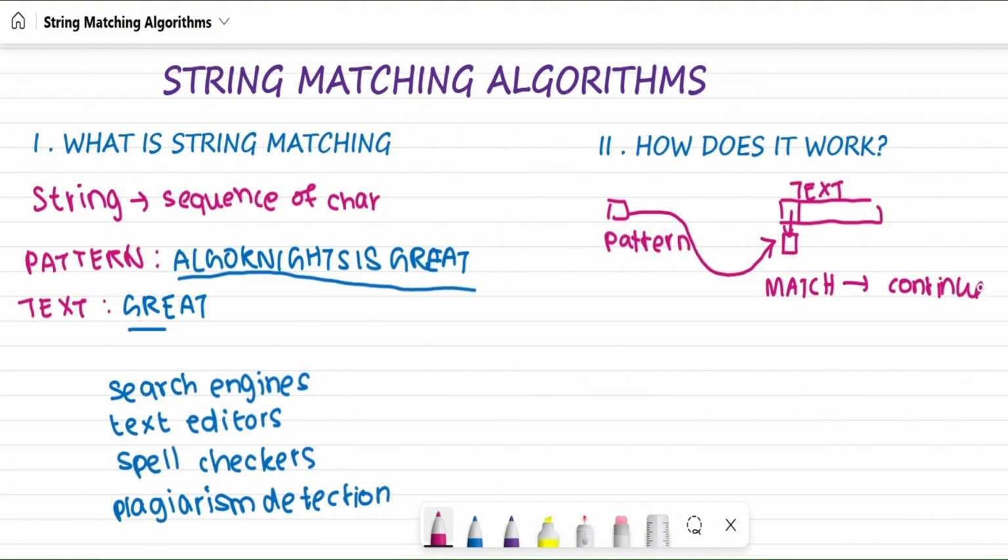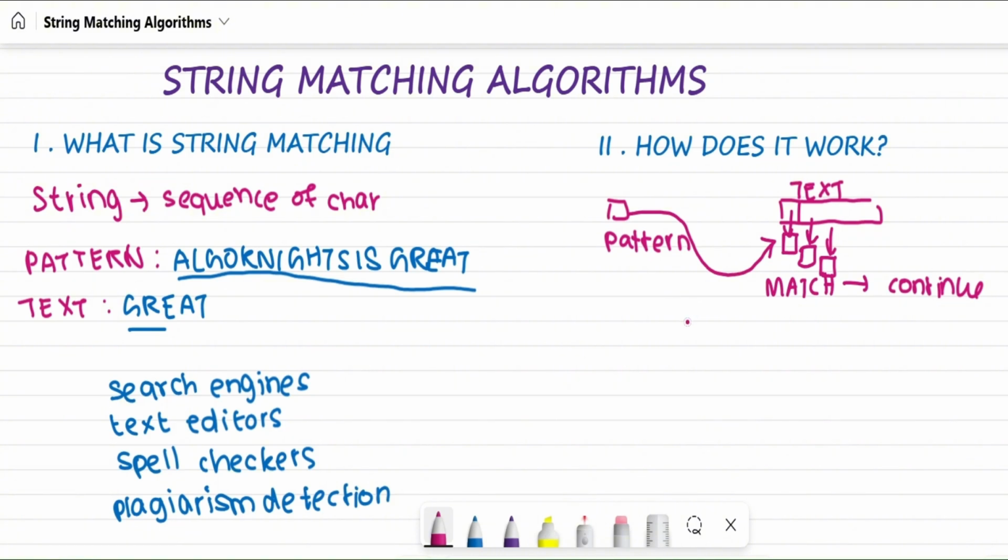If a mismatch occurs, we shift the pattern and try again. And if a match occurs, we move along and check it there too, and that's how it works. This process continues until we either find a match or reach the end of the text. If we find the match, that's good. And if the pattern is not available in the text, we'll reach the end, and that will be the end of our string matching. So that is how string matching works.